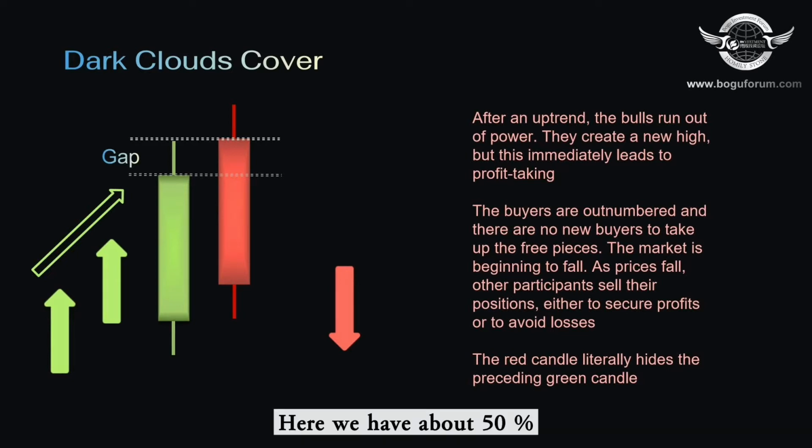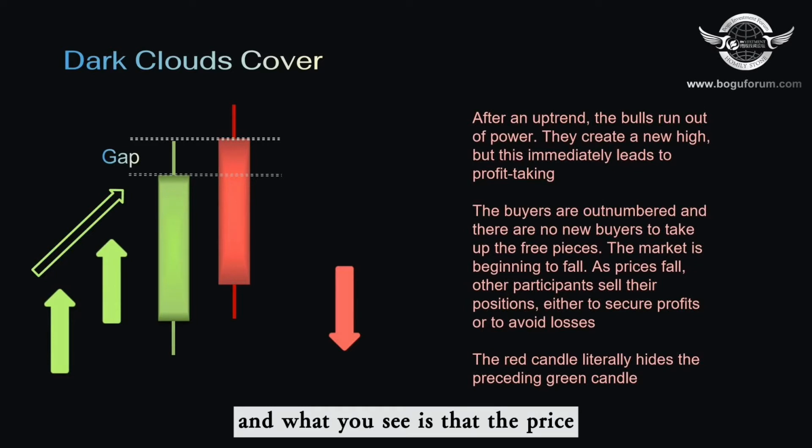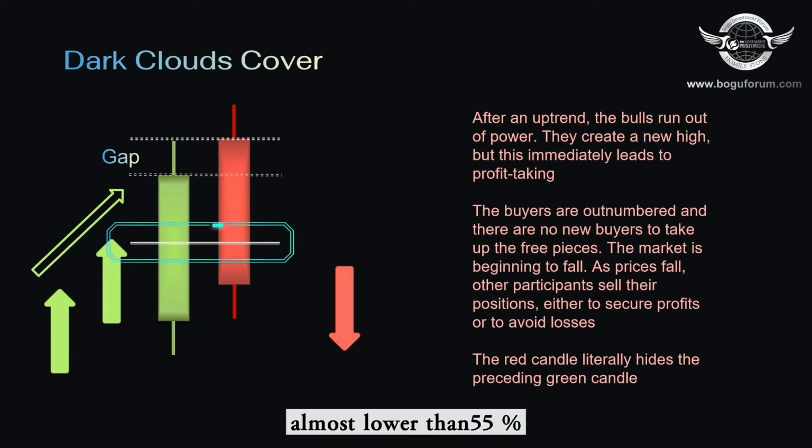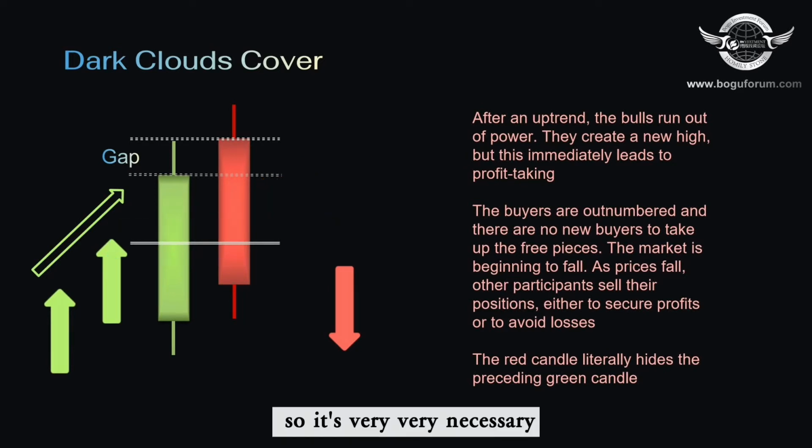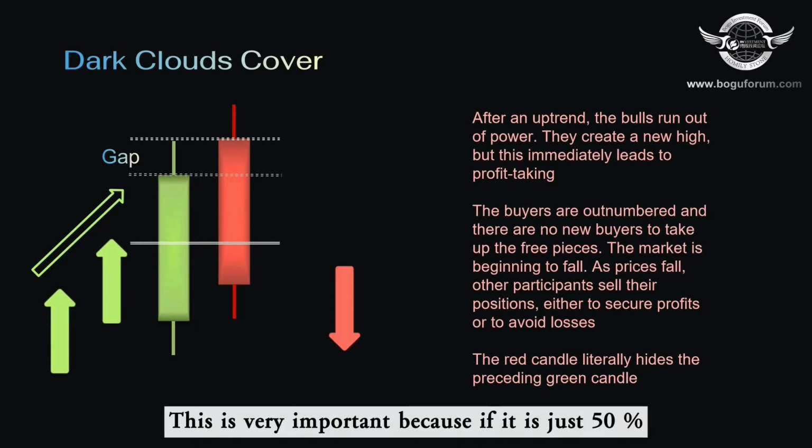Here we have about 50%, and what you see is that the body of the red candle goes lower than 55%. It's very necessary that it's more than 50%. This is very important because if it is just 50%, it's really some kind of mind game.